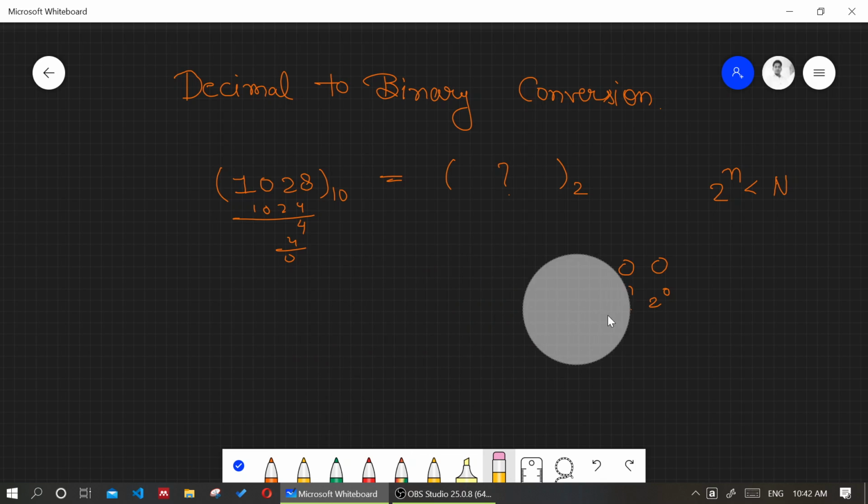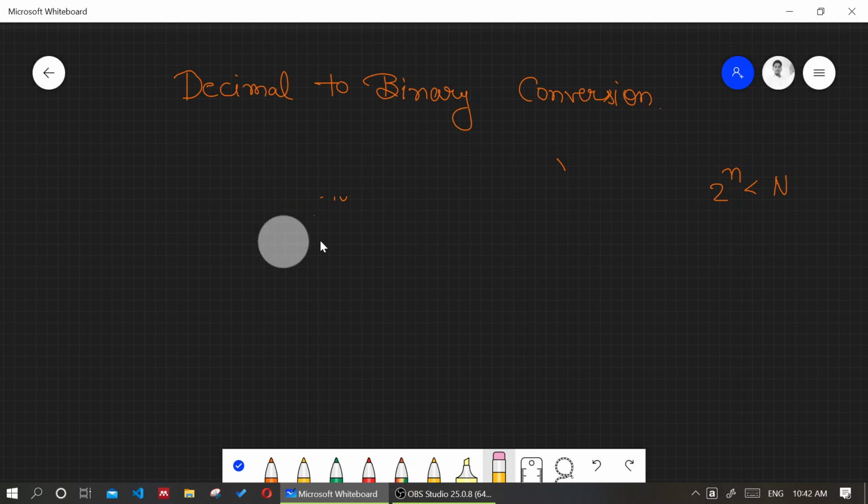Let's take one more example for the same. Suppose your number is 547. Okay, this is in decimal and you have to find out the binary equivalent of this.